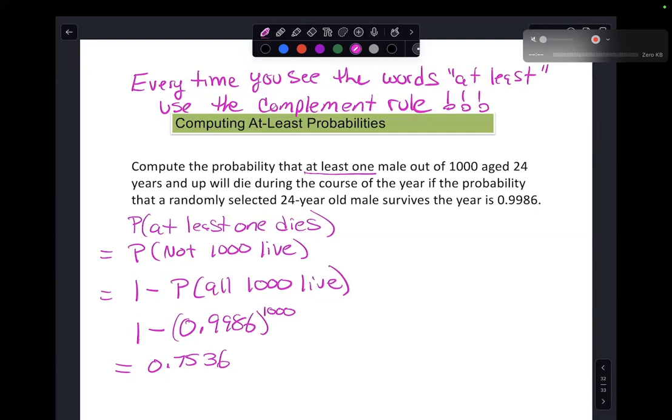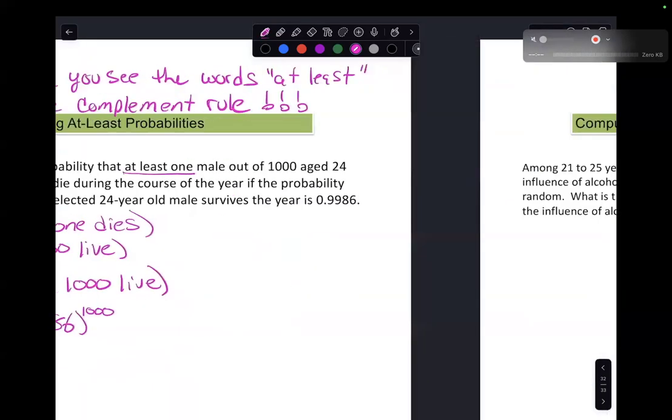Clearly that's not a probability because it's greater than one. That's how you can tell that you did it backwards. Whatever the decimal is, that's going to go in the parentheses, and the whole number is what's going to be the exponent. Does that help? Yeah, I think so. Thank you. You're welcome. Okay, we're going to do another one of these.